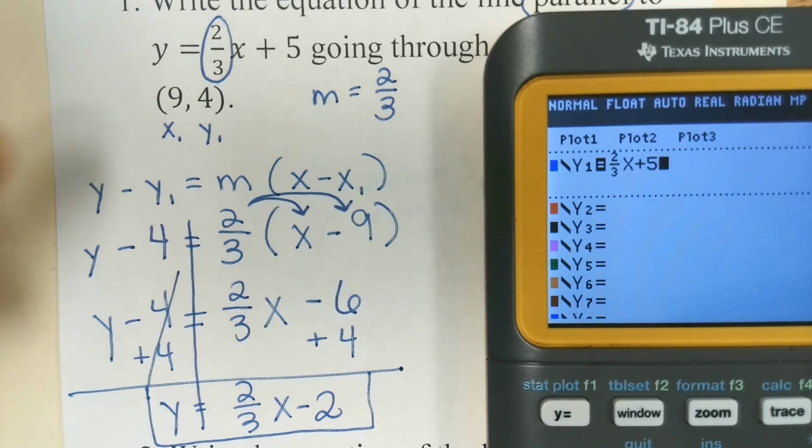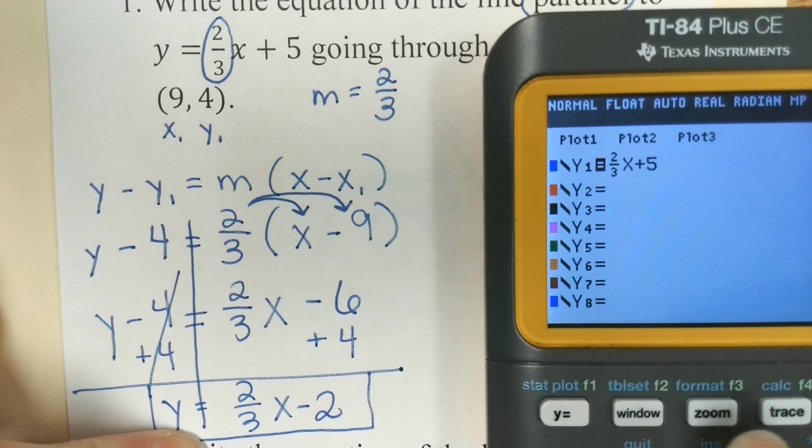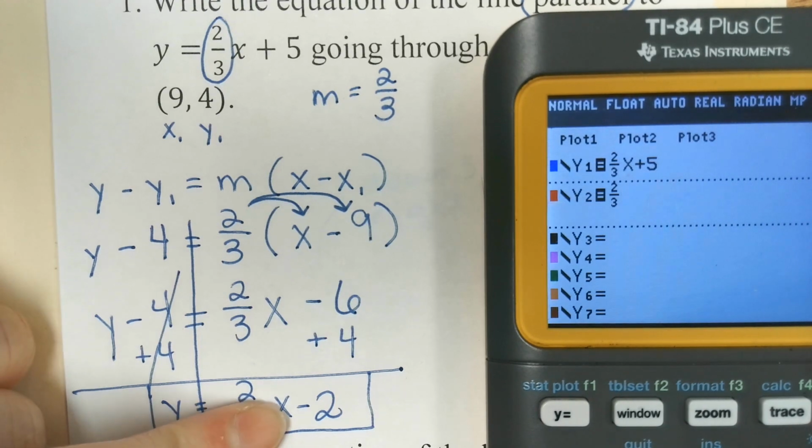So in y1, put your original, 2/3 x plus 5. And in y2, put the one we just found, 2/3 x minus 2.